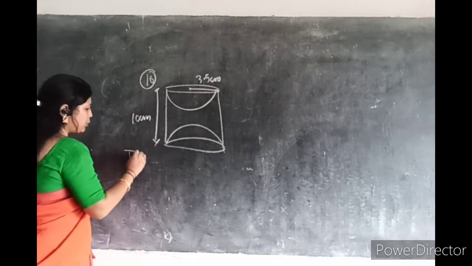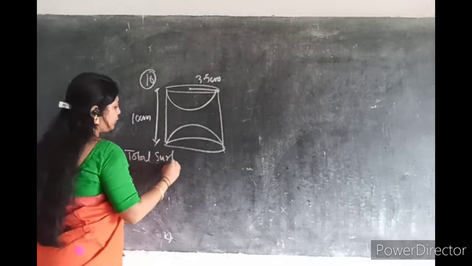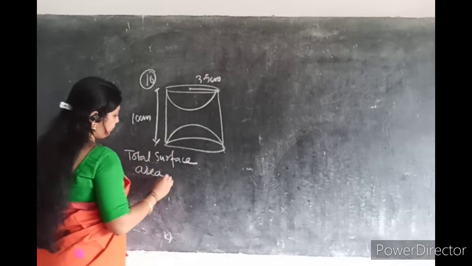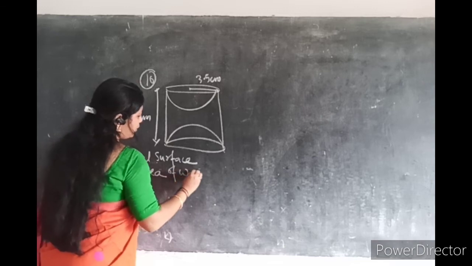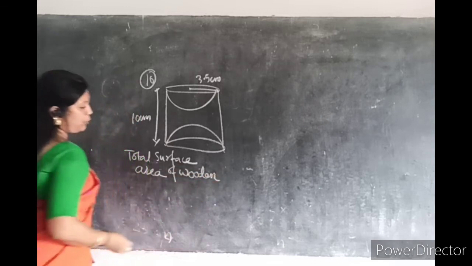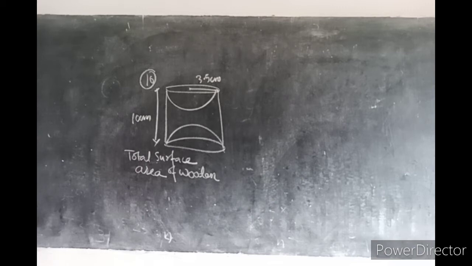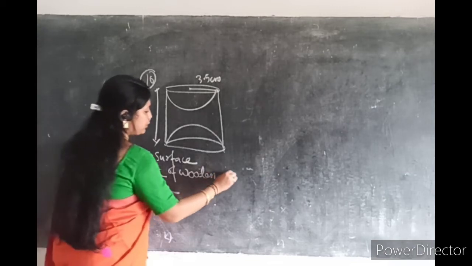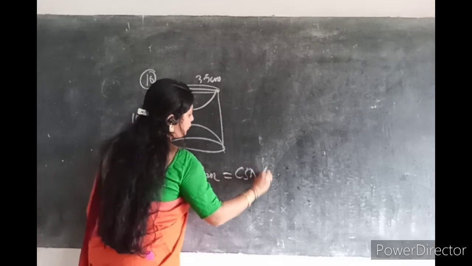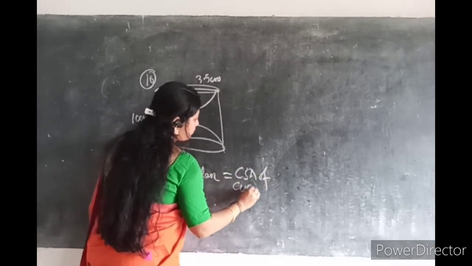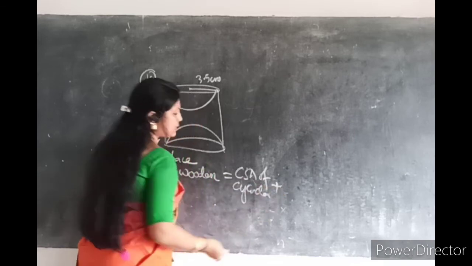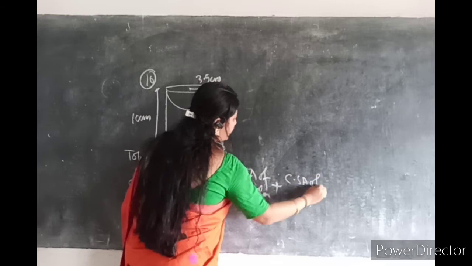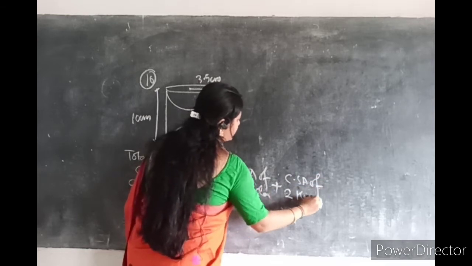So the total surface area of the wooden article will be equal to the curved surface area of the cylinder plus the curved surface area of the two ends, isn't it?